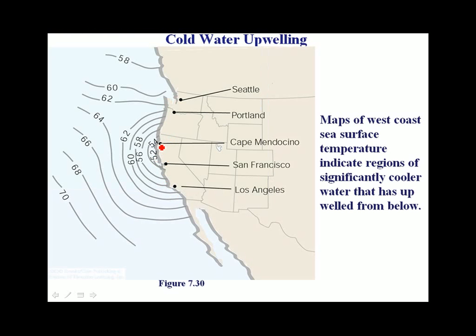But you're looking at temperatures in degrees Fahrenheit. San Francisco is right here, and Cape Mendocino is up in Northern California, and you see some of the coldest sea surface temperatures occurring right along the coast of California. And as we move further south, the water begins to warm, but it's still pretty chilly. And cooler water up here to the north.